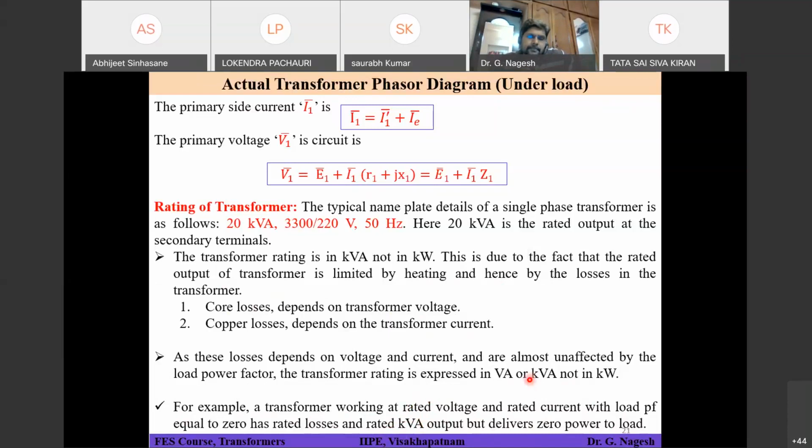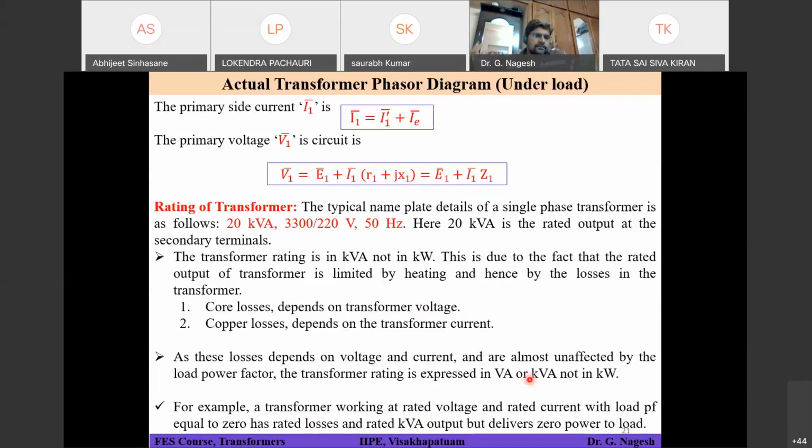Yes, sir. That means even if you don't have resistance at the secondary terminals, which is a power consuming element, you don't have any power consuming element on the secondary side. You have only a pure inductor or pure capacitor. That means no real power is consumed by the load, but reactive power is consumed by the load.